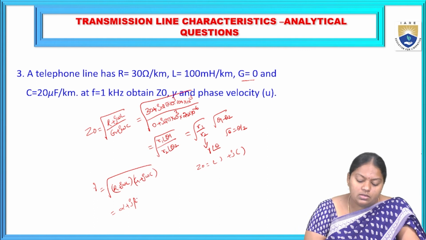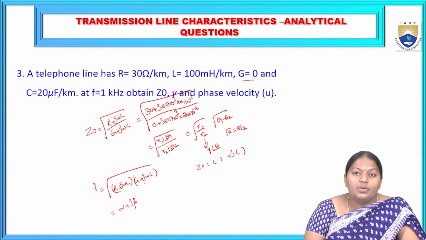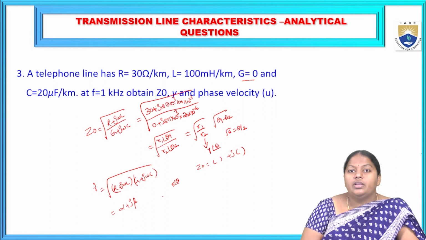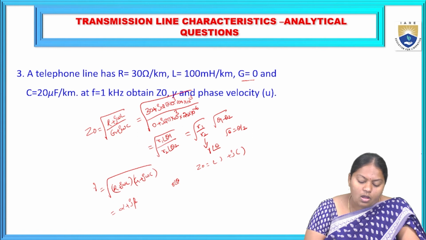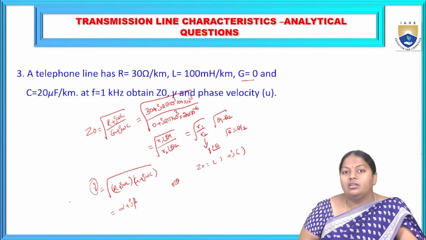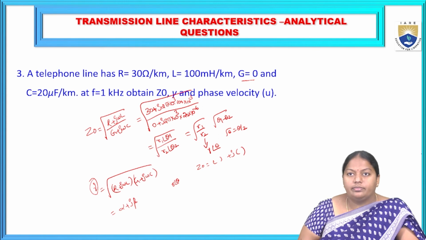To express this also, we first find the multiplication factor, then separate the real and imaginary terms. First we express this in polar form as r at an angle of theta, then convert the polar form into rectangular form. So the propagation constant gamma and the characteristic impedance Z0 must always be complex in nature.